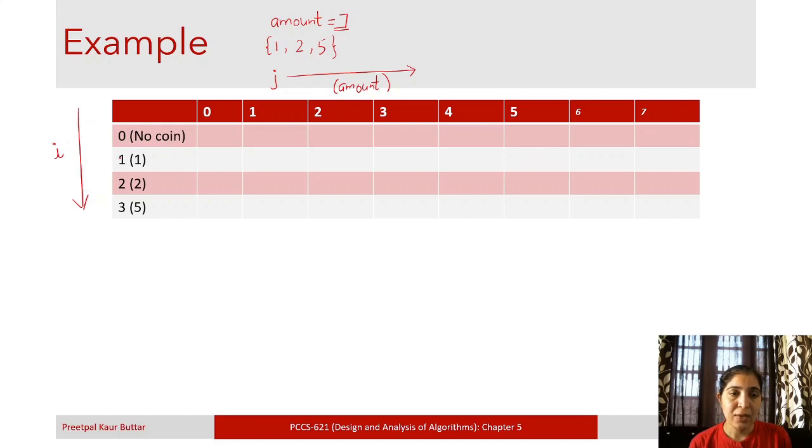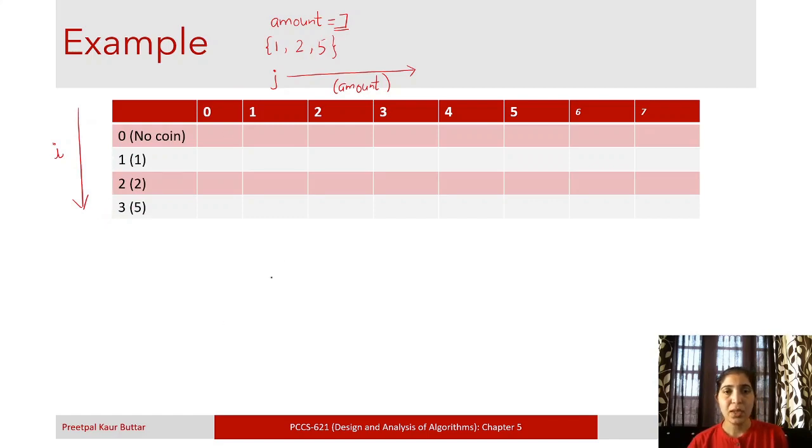The next row means when we have the first coin, and in this case the value of the first coin is 1. Then this is for the second coin, the value of the second coin is 2. The last row is for the third coin and its value is 5.